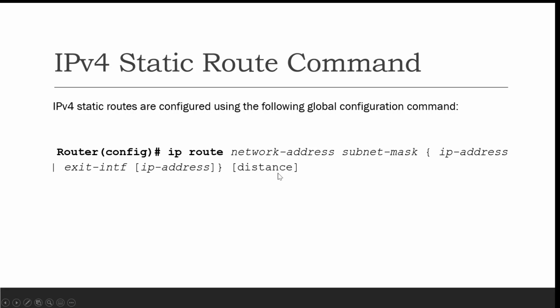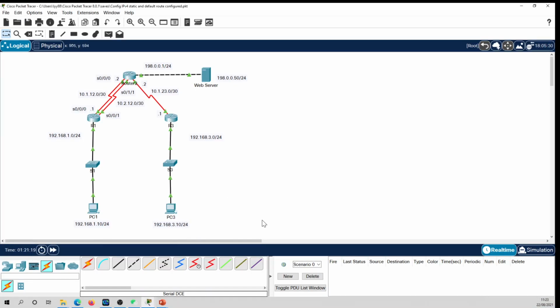The static route can be configured with a distance. The distance is optional. If we don't configure the distance, by default, the distance will be 1. When we configure the distance as a value other than 1, we make it a floating static route. Let's see how we can configure a floating static route.